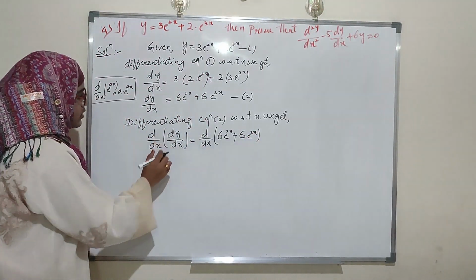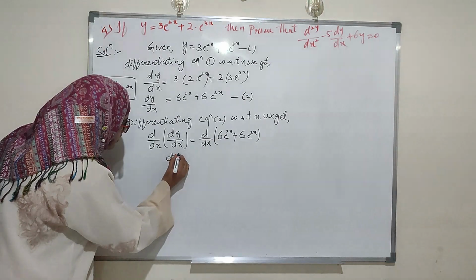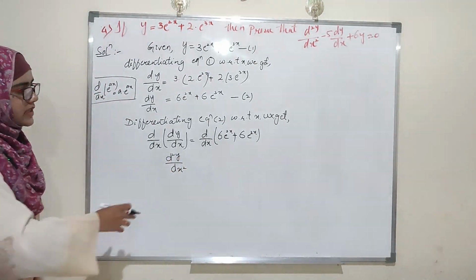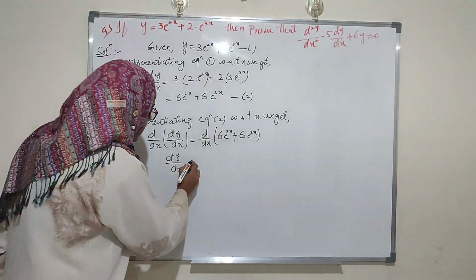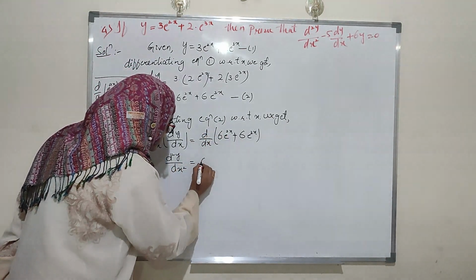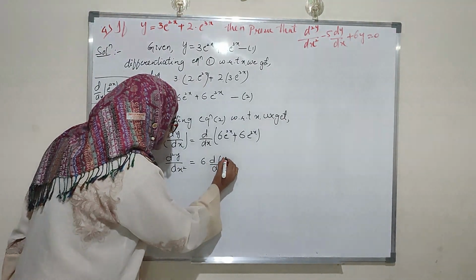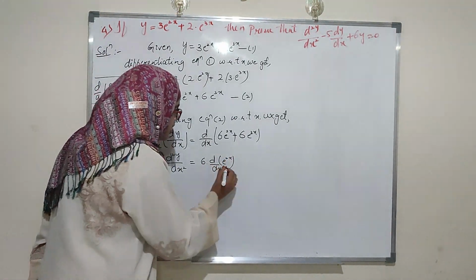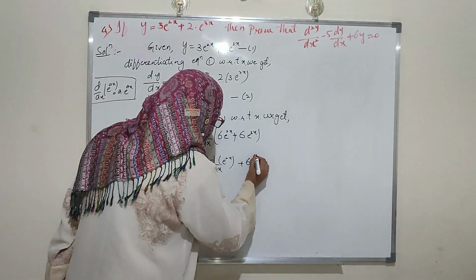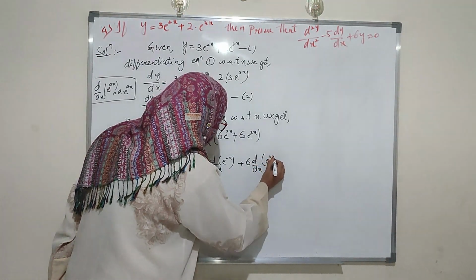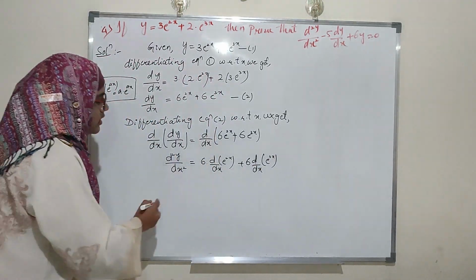The differentiation of dy by dx is d2y by dx square. Now differentiate this once again: 6 as it is, differentiation of e raised to 2x, plus 6 as it is, differentiation of e raised to 3x.